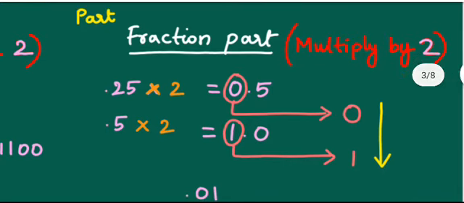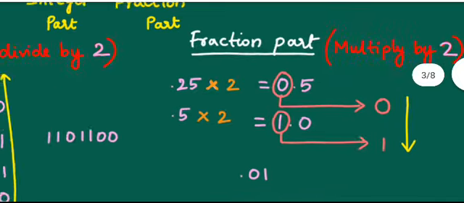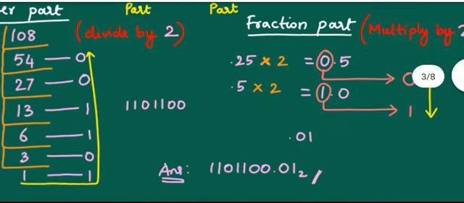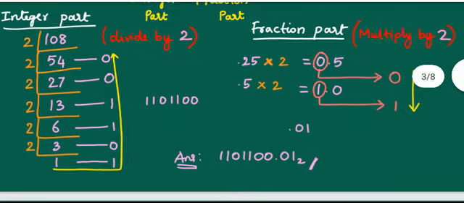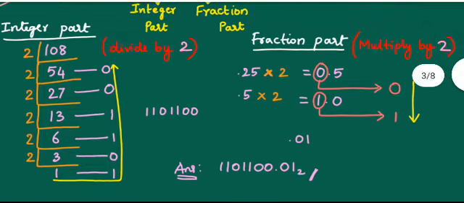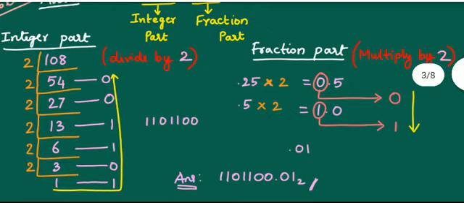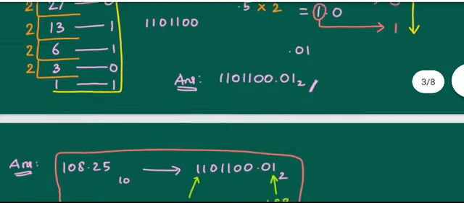The 0 and 1 you have to write from top to bottom. Previously for the integer part we wrote from bottom to top; here from top to bottom. So 0.01. Combining the integer part and fraction part is the final answer: 1101100.01, the equivalent binary number.